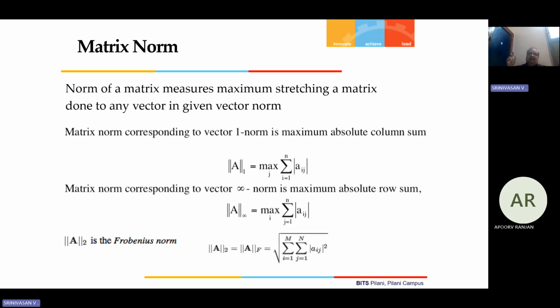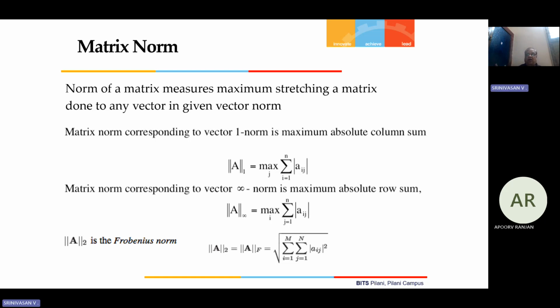Supposing you have a 3 by 3 matrix A: A11, A21, A31 is your first column, A12, A22, A32 is your second column, and A13, A23, A33 is your third column. So you find the sum of absolute values of each column, and then you take the maximum.